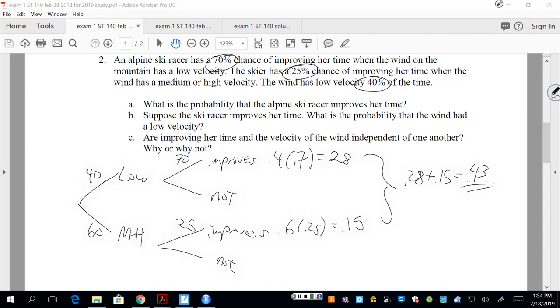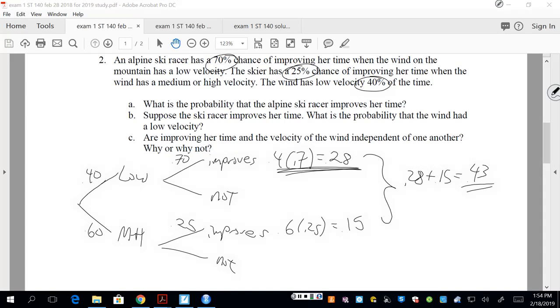This one is the Bayes type one. She improves her time. What is the probability that they had a low velocity? Writing it in symbols, don't rely on that necessarily. You don't have to rely on that to answer the question. Here's where it's low and it improves. Here's where it improves overall.